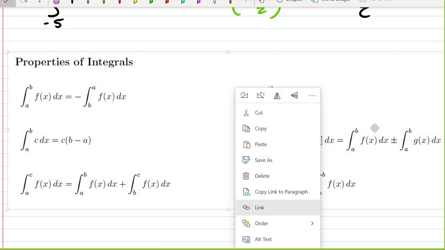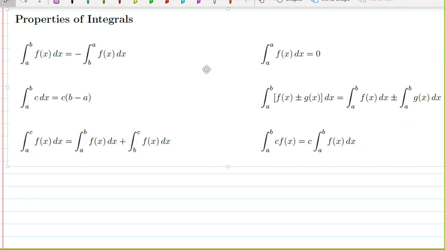So specifically, if we have the integral from a to b of f of x dx, and we interchange the upper and lower limit of integration, so instead of integrating from a to b, we integrate from b to a, it's going to change the sign of the area.